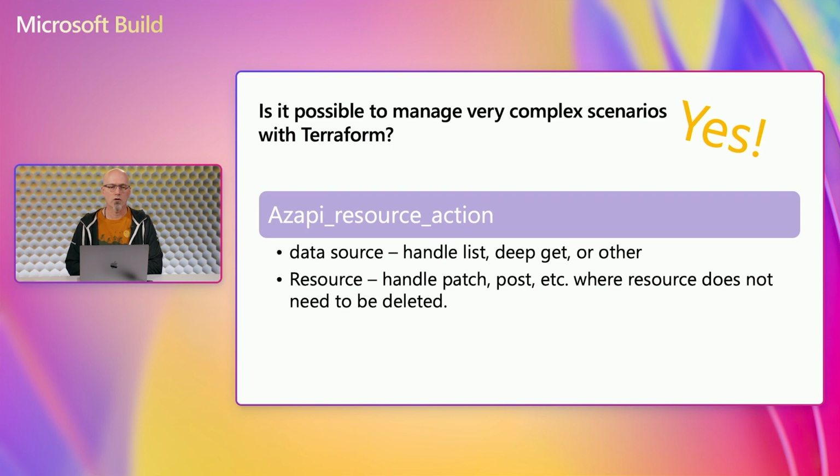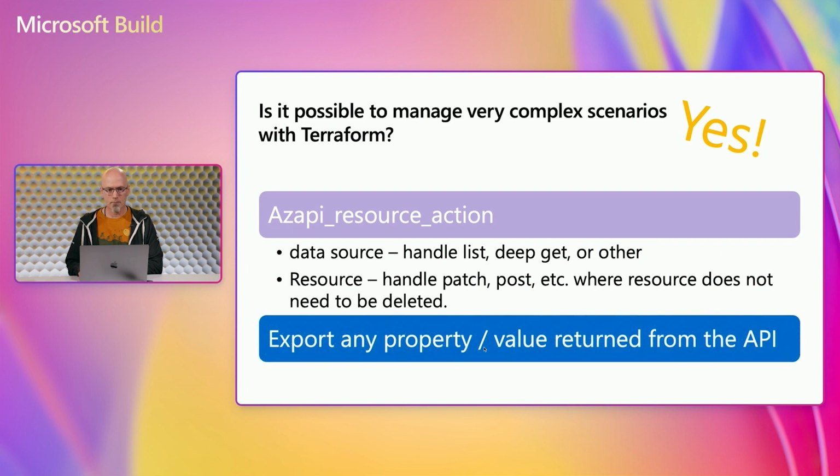So the create action will actually do the put, patch, post, and what have you. But when you remove this resource, it's going to be a no-op. There's no undo, or no common undo for these things, so it doesn't do anything on the delete.